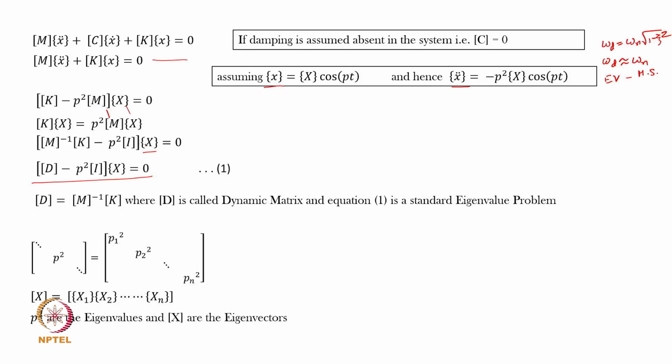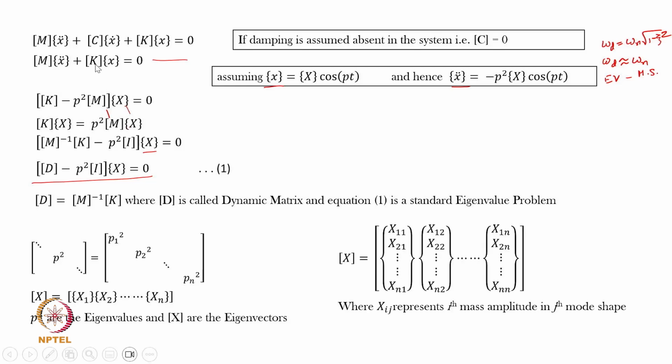This capital X, what you see here, is a matrix containing all the eigenvectors. Now, this eigenvector corresponds to this particular natural frequency. The squared natural frequencies are your eigenvalues arranged in the diagonal elements of this matrix, and the matrix of eigenvectors has individual eigenvectors corresponding to a given eigenvalue.